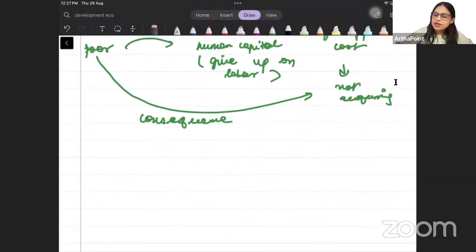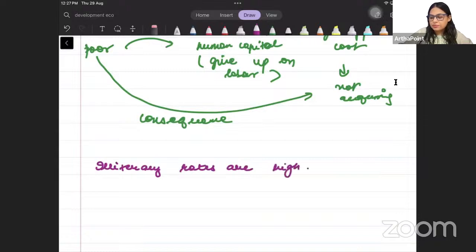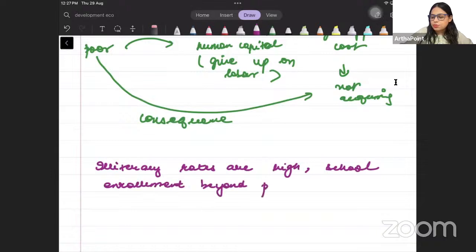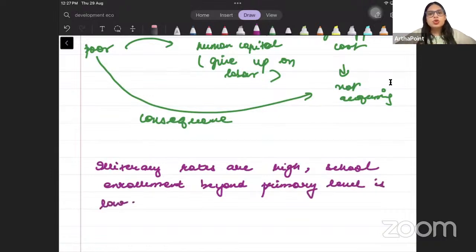So it has been seen that among people who are poor, illiteracy rates are high, and school enrollment beyond primary level is low. People haven't enrolled themselves for higher education levels.